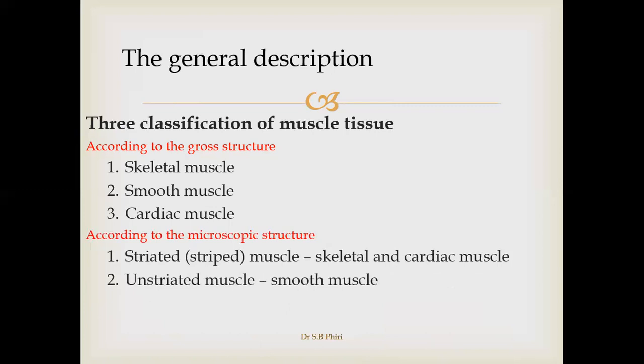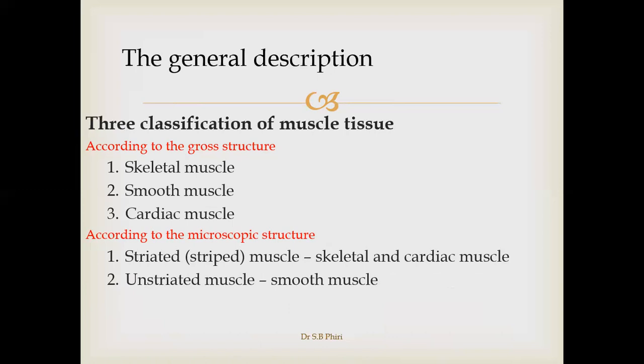Then according to the microscopic structure, you can also differentiate muscles into striated and unstriated. Striated muscles are muscles that appear to have striations, or striped muscles. Examples are skeletal muscle and cardiac muscle. They are striated muscles because when you look at them under a microscope, you'll be able to appreciate the structure of the sarcomere.